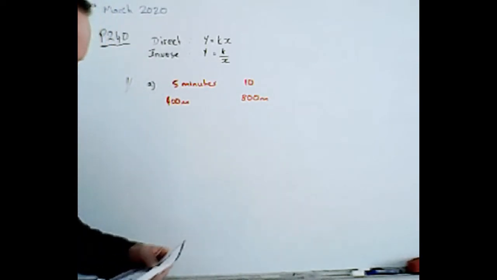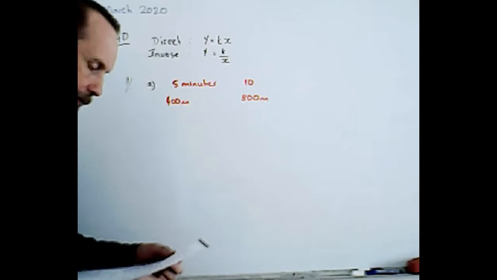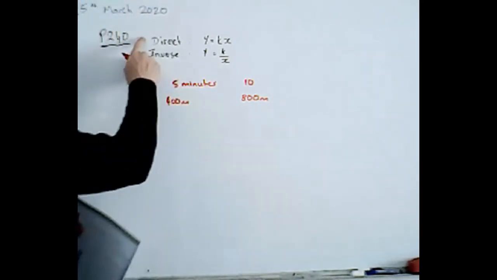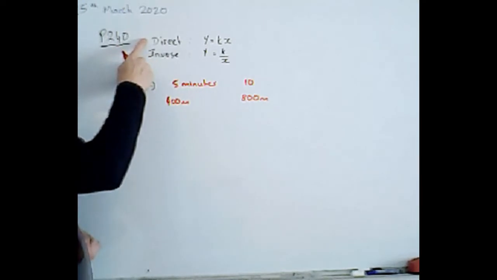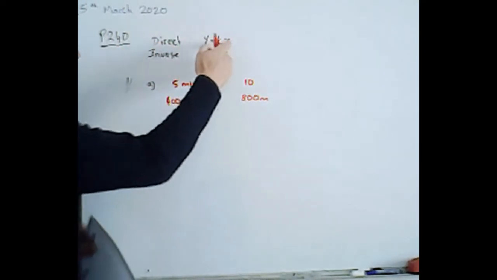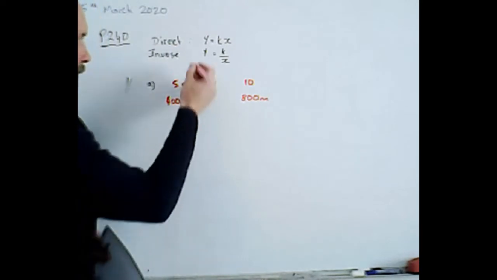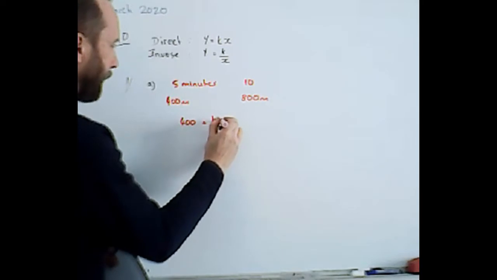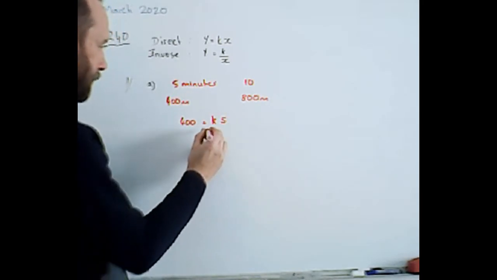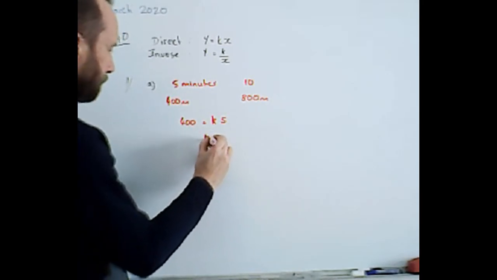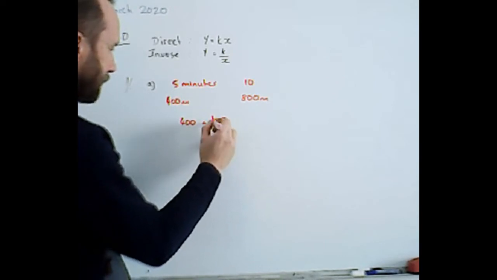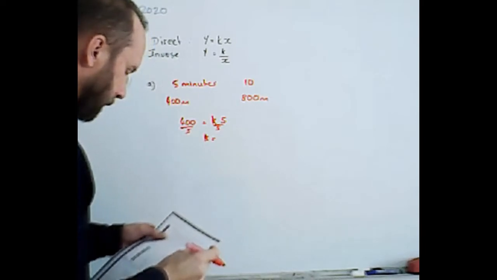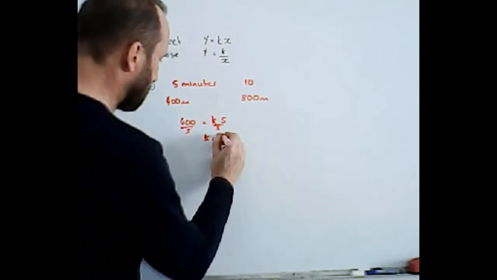Now, it asks us to write down a formula for D in terms of T. So we look at our equation here, direct proportion, y equals k times x. So we've got 400 equals k times 5. So k equals, we divide it out, so k is equal to 80.